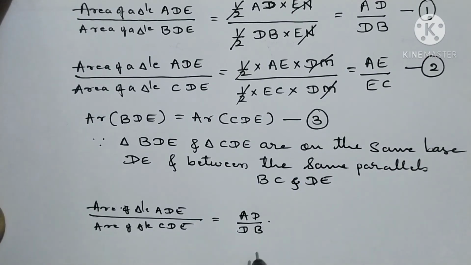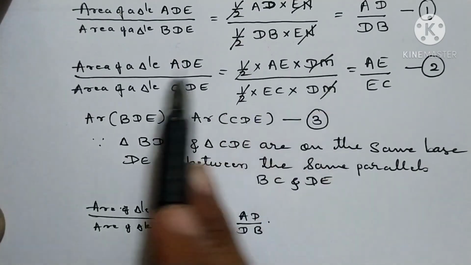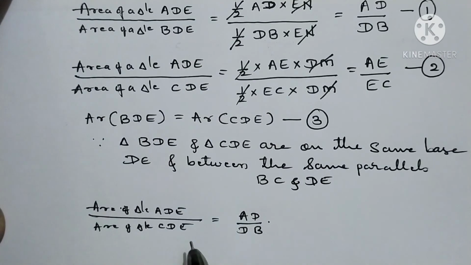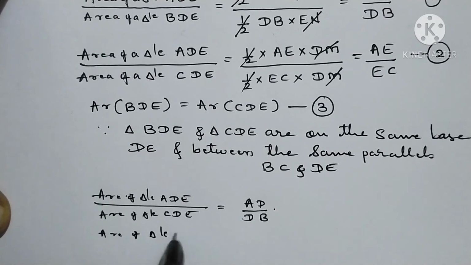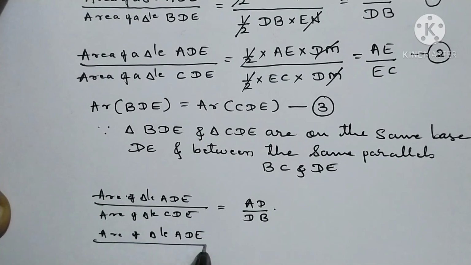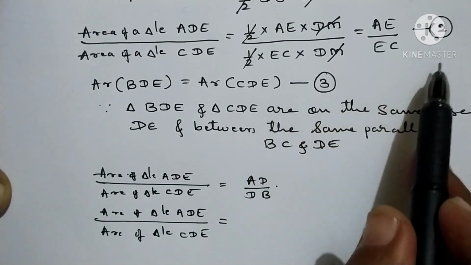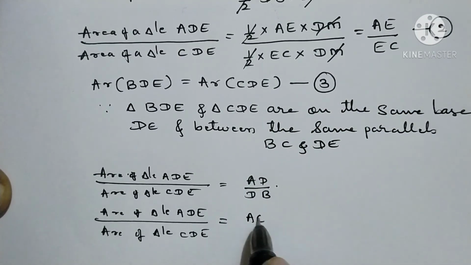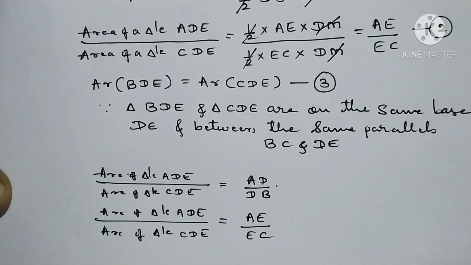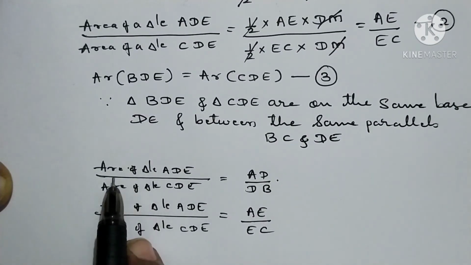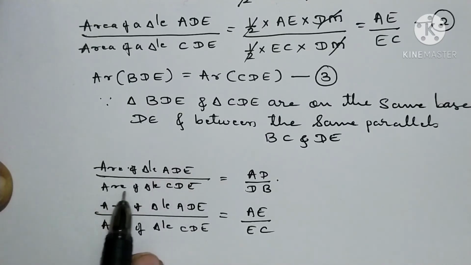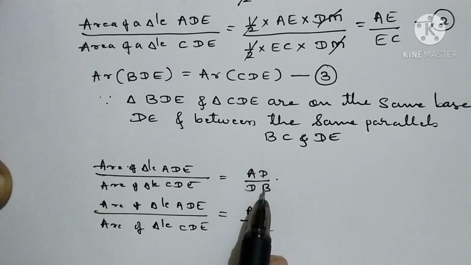This is the first one. Then now see here the second point, area of triangle ADE divided by, this you should write as it is, area of triangle CDE. So what we got here, second point, that is AE divided by EC. Now see here, LHS side, area of triangle ADE divided by area of triangle CDE is equal to AD by DB.